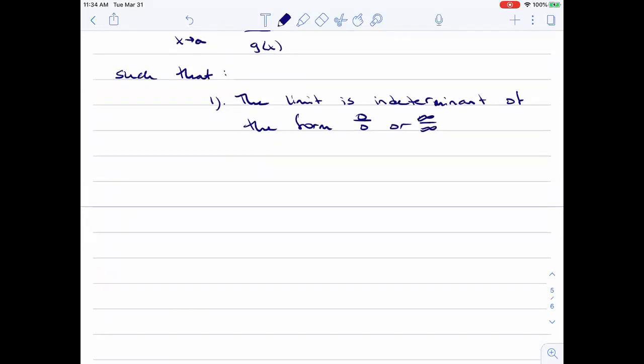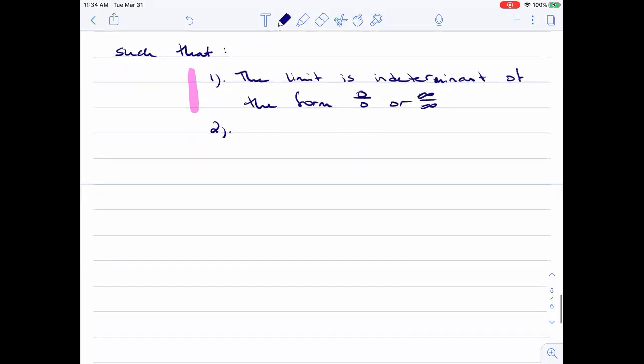And so that's going to be very important, right? Otherwise, it will work, but it's only guaranteed to work if you've got this indeterminate form.